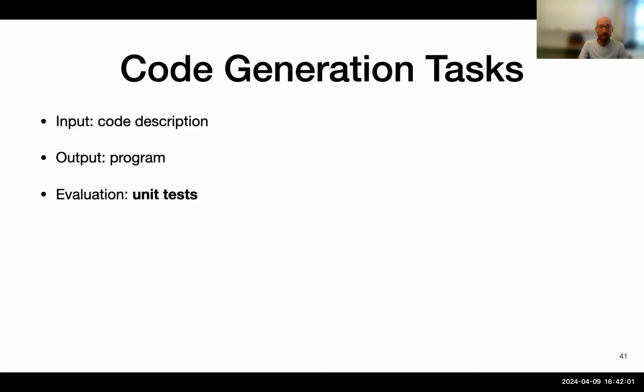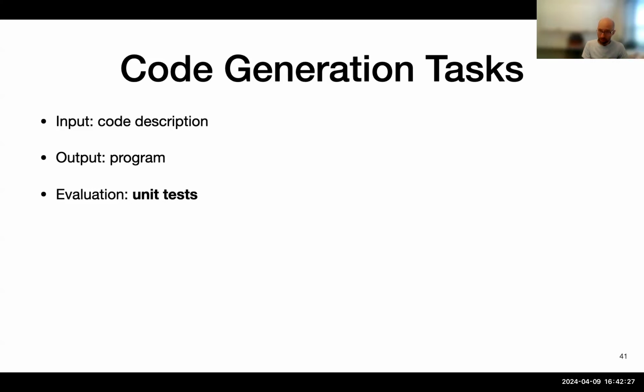Now, importantly, we used a common setup for code generation, a case where you have unit tests for evaluation. You give it as input a code description, and the output is a program. The way to evaluate whether the model works or not is not by looking at the code and trying to decide whether it does what we want it to do, but by running some unit tests.